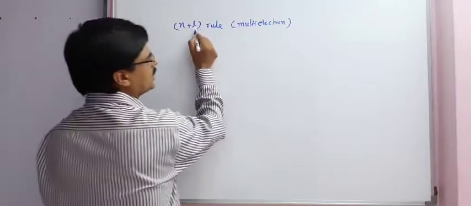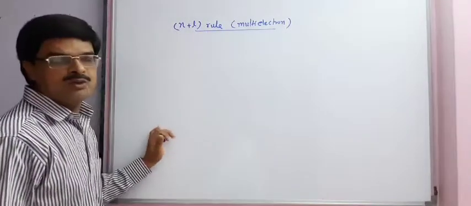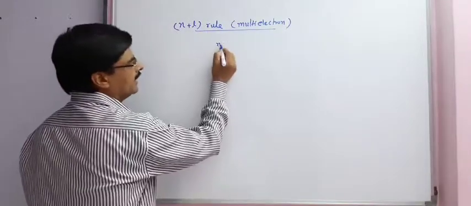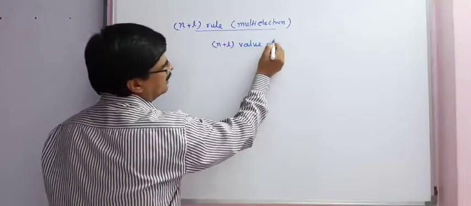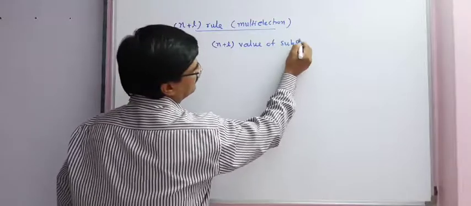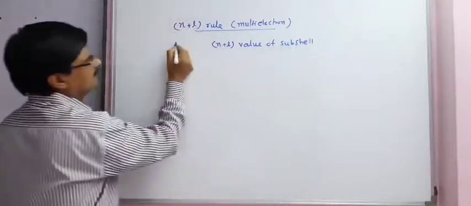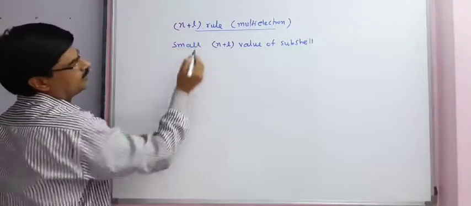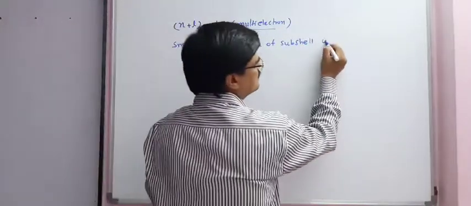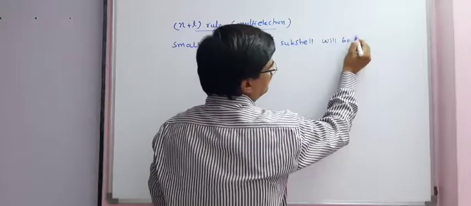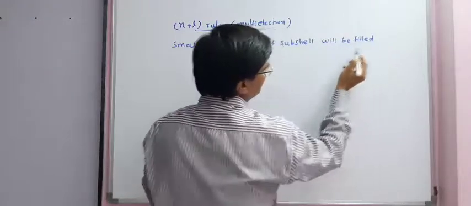According to this rule, the subshell with the smaller n plus l value will be filled first.